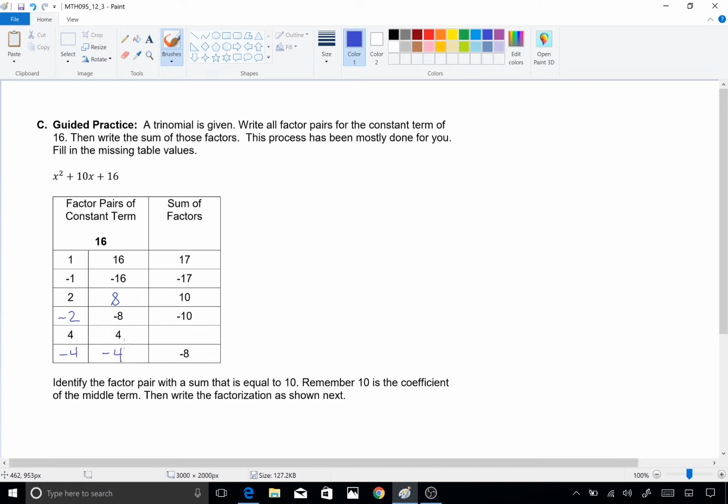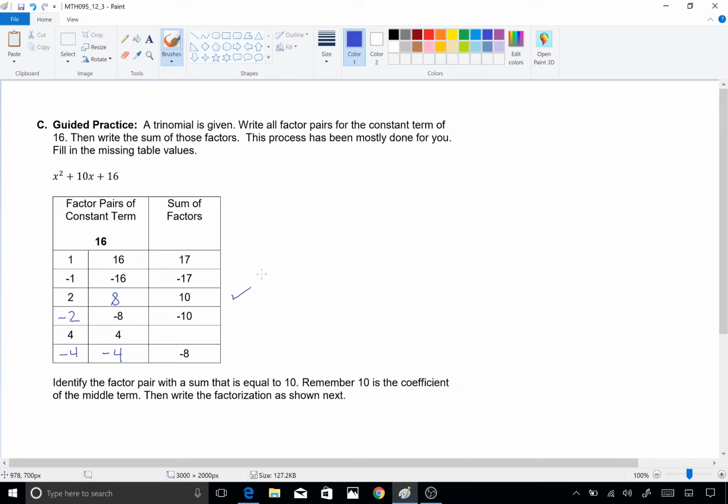The goal is to find the pair that sums to 10. 1 and 16 sum to 17. Those don't work. Negative 1 times negative 16 equals 16, but they sum to negative 17, so they won't work either. 2 times 8 is 16, and 2 plus 8 is 10. That's it. That's the one we need.